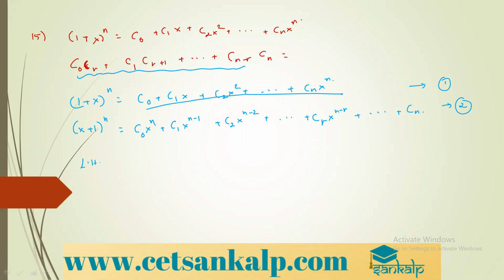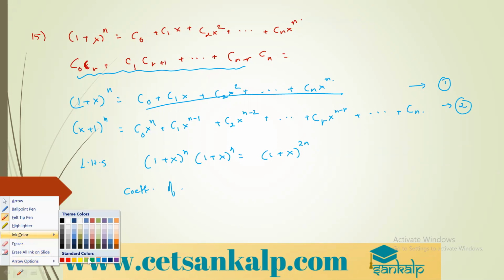So on the left hand side, I will be multiplying 1 plus x whole power n, 1 plus x whole power n, because they are same, giving 1 plus x whole power 2n. And I have to take the coefficient of what? So that I have to observe.